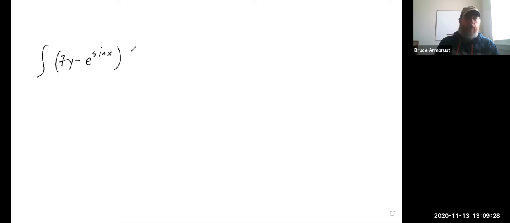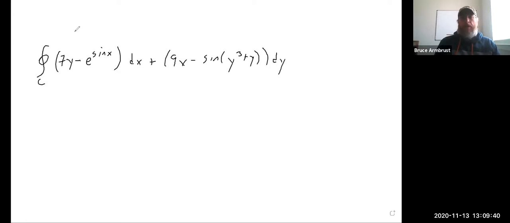All right, so let me just rewrite that integral here real quick. So (7y minus e to the sine x) dx, and we got this guy. Okay, so if we're going to do Green's theorem, let's remember what we have to do. We want to turn it into a double integral over the enclosed region. And then what is it that goes in here? What do we actually integrate? And I'll take it in either form, if you want to go with the book form or the form that I tend to give you, because I bounce around all the time.